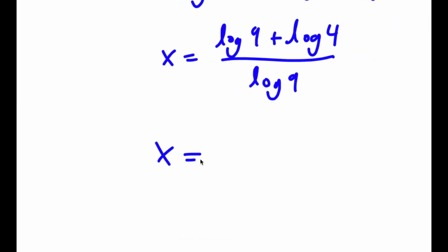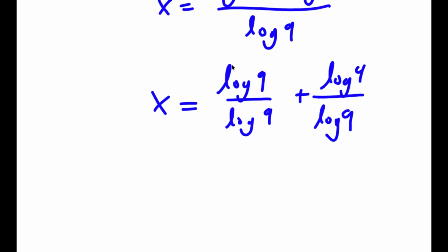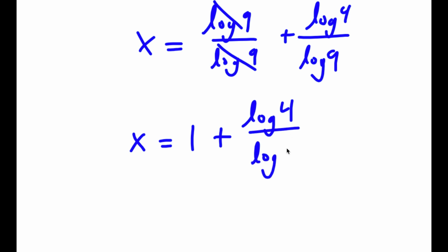So now this is the same thing as log 9 over log 9 plus log 4 over log 9. Log 9 over log 9, these two cancel out, so I have x is equal to 1 plus log 4 over log 9.